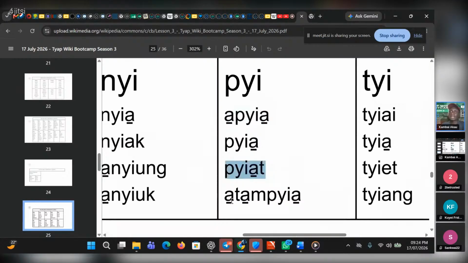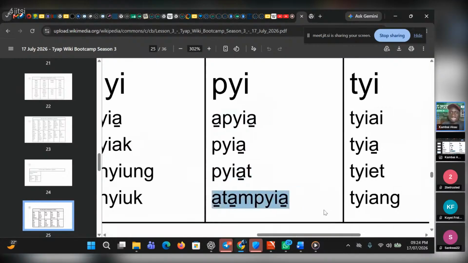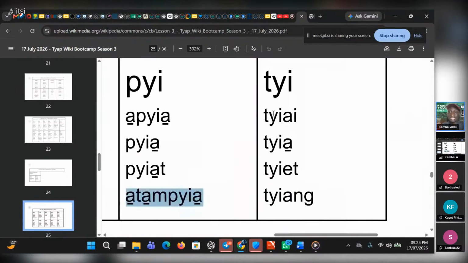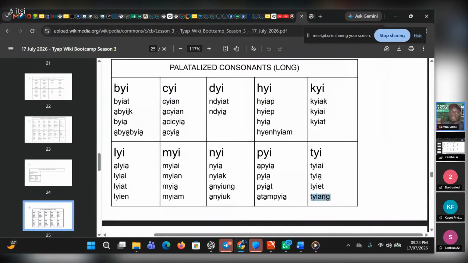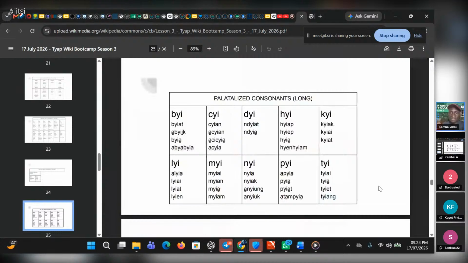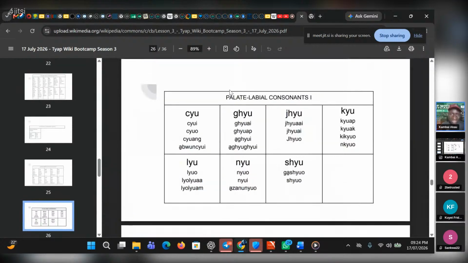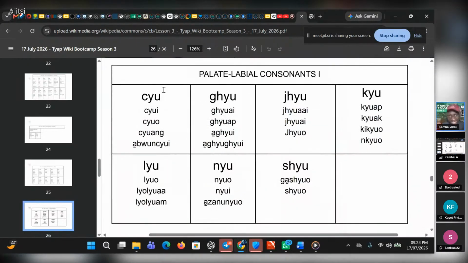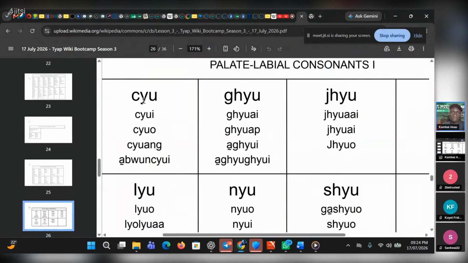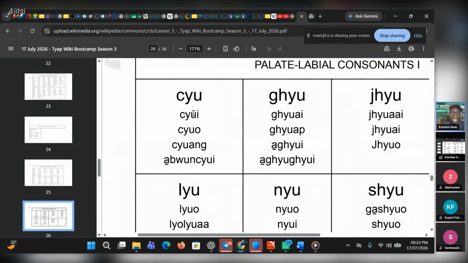Then we have the long palatal version of the t sound. We have tiai, we have tier, we have tiet, and then we have tiang, a piece of something. And then we have, okay, that's the second one. And then we have the palatal labial consonant 1 and then palatal labial consonant 2. Under the palatal labial, this one is ordinarily supposed to be a W here. So this one is supposed to be tree, planting.